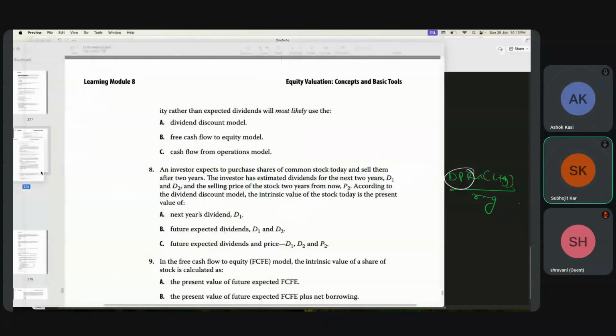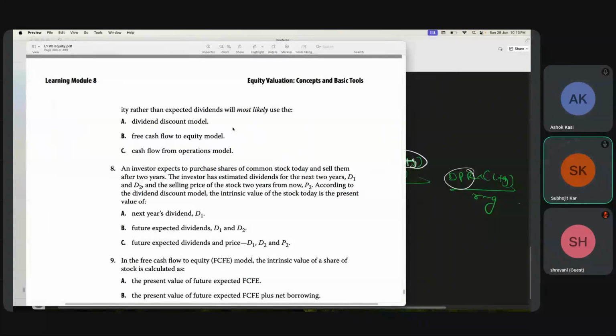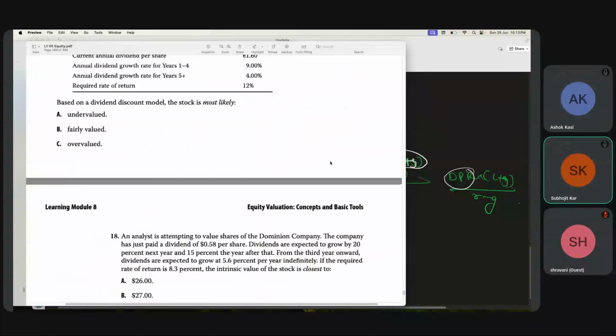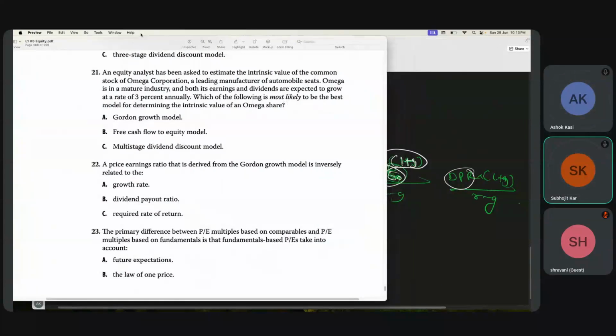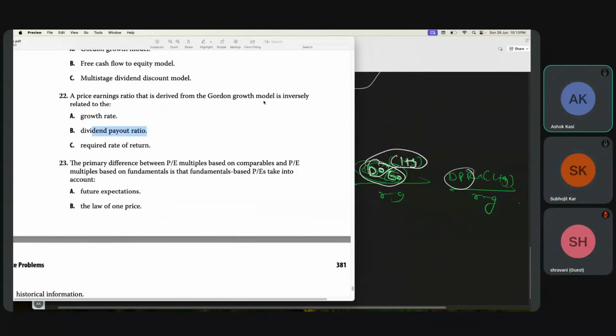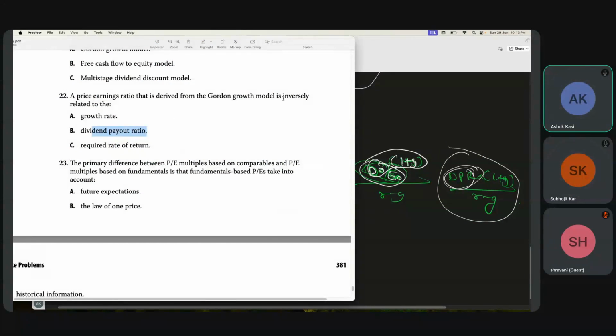So for dividend payout ratio, if it is going up, then the overall P ratio will go up because that is in the numerator. So that also is not inversely related, it is directly related.